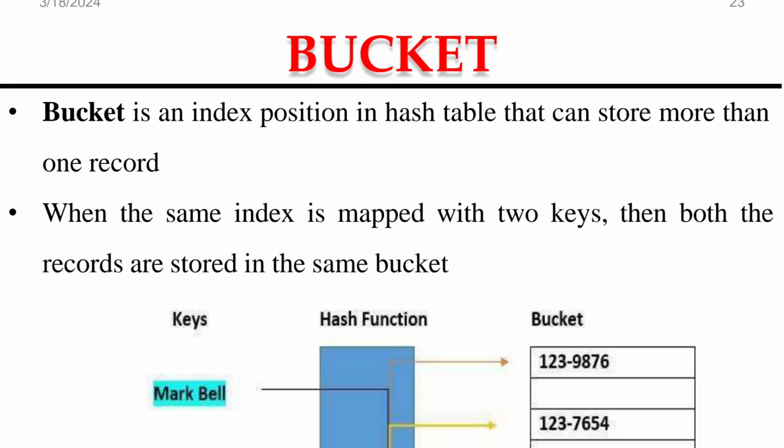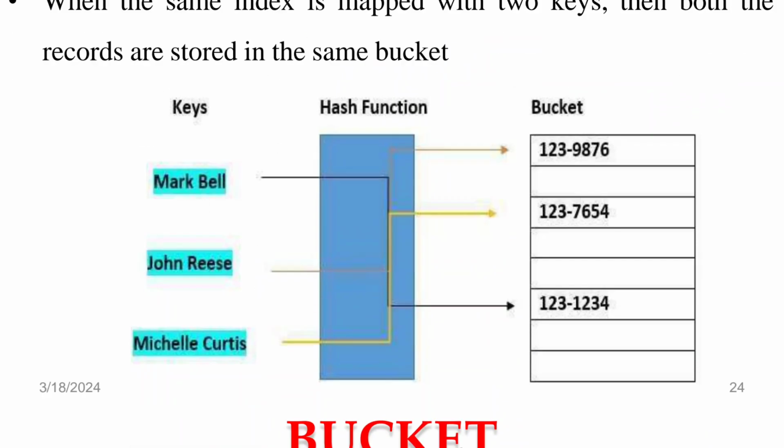When the same index is mapped with two keys, then both records are stored in the same bucket. That means if there is a collision for two keys, then both records are stored in the same bucket. So this is your use of the bucket. This is an example of a bucket, where we have extra elements.